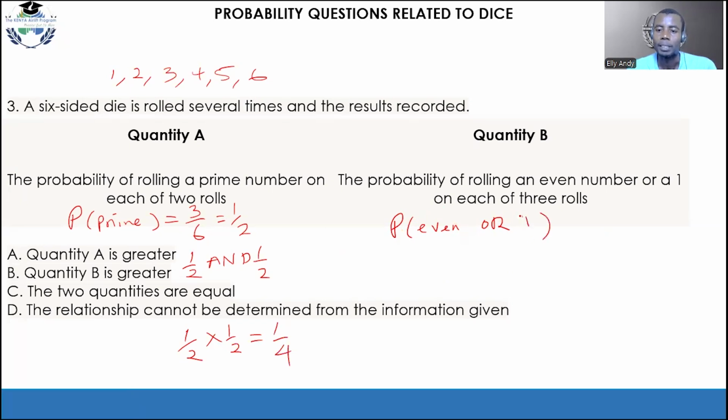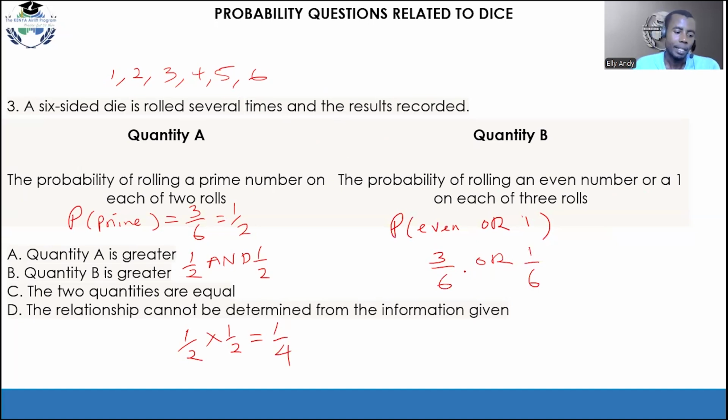That is what we want. So for one roll, probability of even will be, how many even numbers do we have? 1, 2, 3. So 3 out of 6. Or 1. Probability of getting a 1 is, we only have 1 out of the 6 numbers. So that would be 1 out of 6.